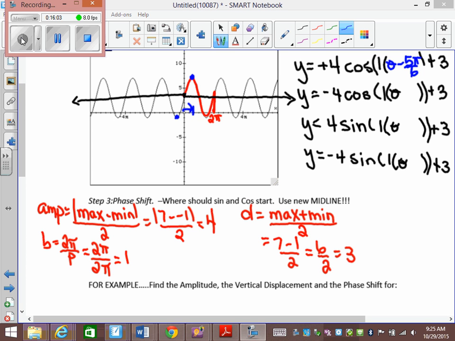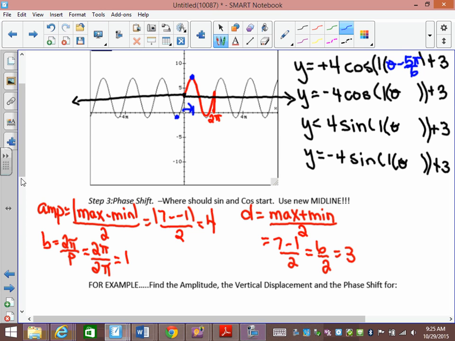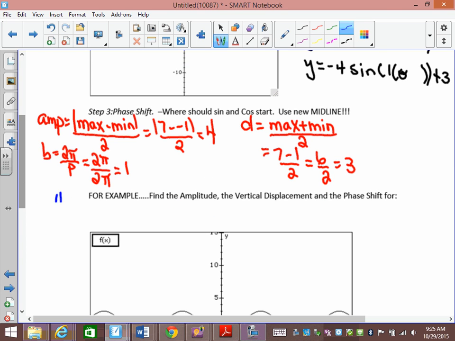It's between pi over 3 and 2 pi over 3, right? So you literally just find what's in the middle of pi over 3 and 2 pi over 3. So the way you could do that, let's see what it is. It'd be pi over 3 plus 2 pi over 3 divided by 2, because you're finding the average, correct?